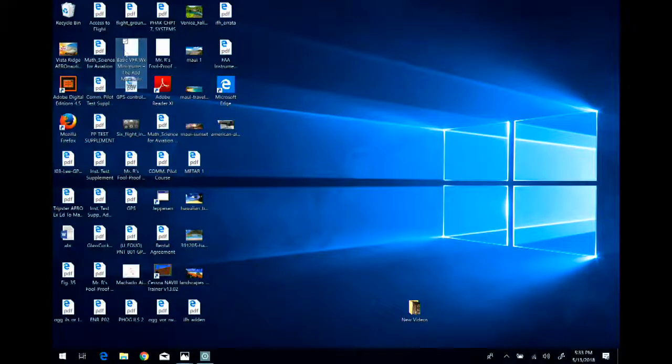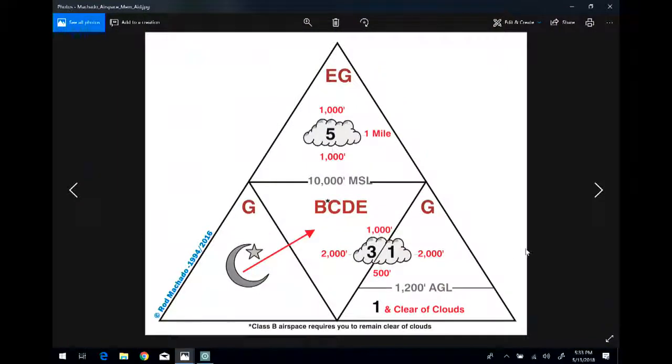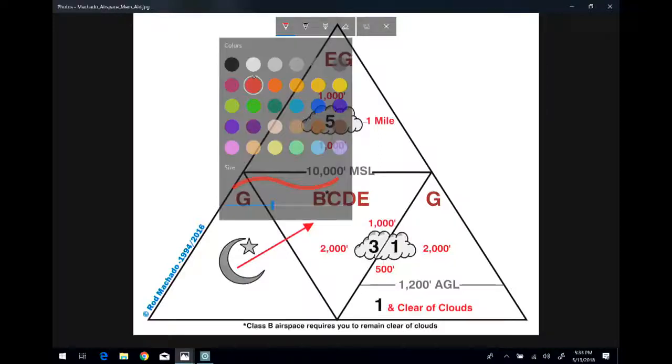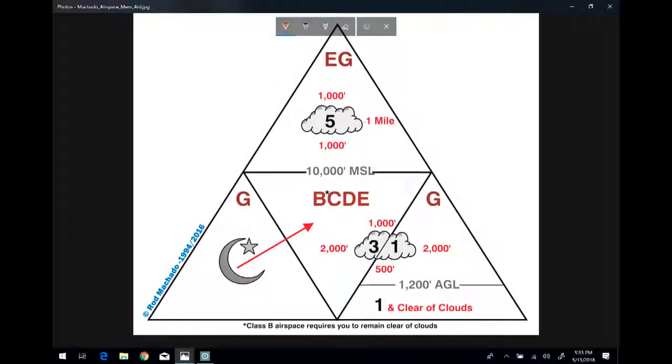Now after you've got that drawn, we're going to talk about this. I'm going to leave this illustration on here, and I'm going to give you 5 minutes to draw exactly what you see on the screen right now.